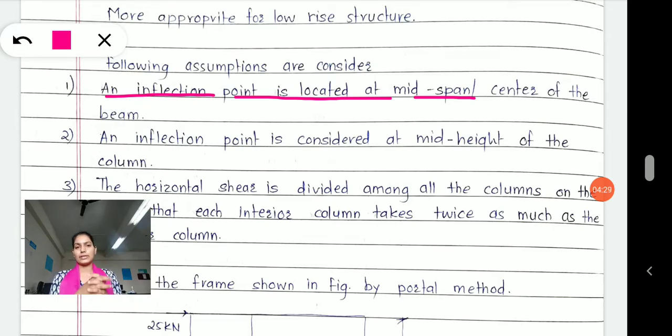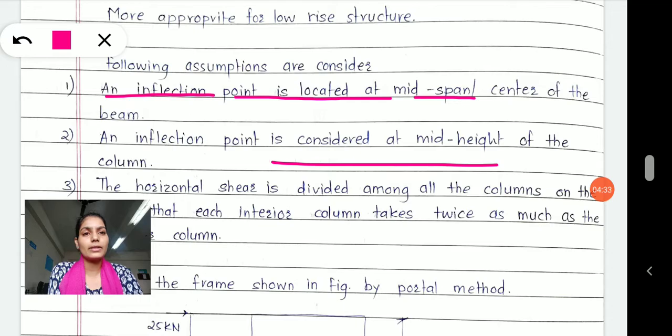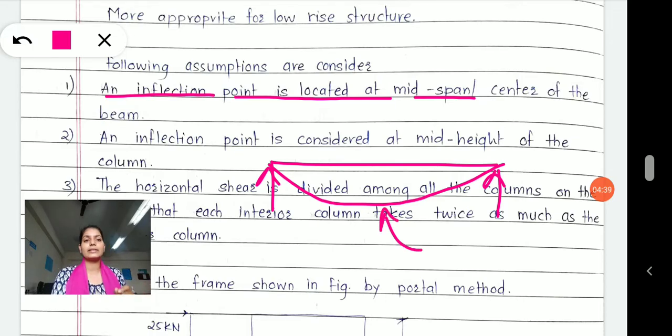Now what is an inflection point? That is a question. So let's take a simply supported beam, and we have shown it with the elastic curve. This is your elastic curve. The elastic curve shows the deflected shape of your beam. This deflected shape is helpful to understand the inflection point.